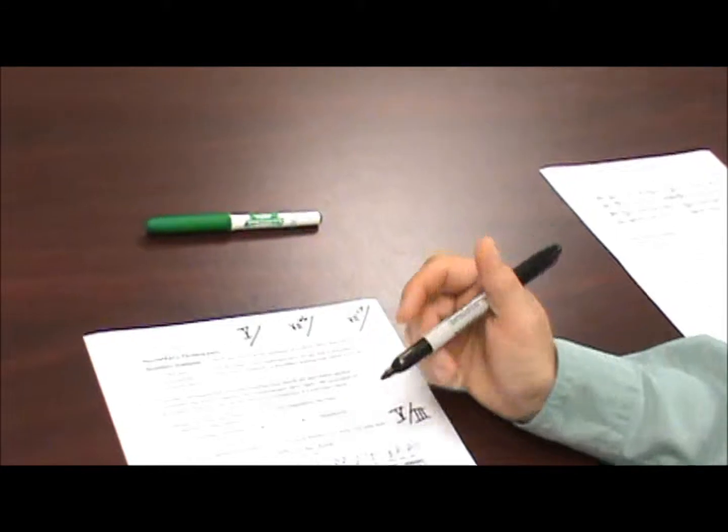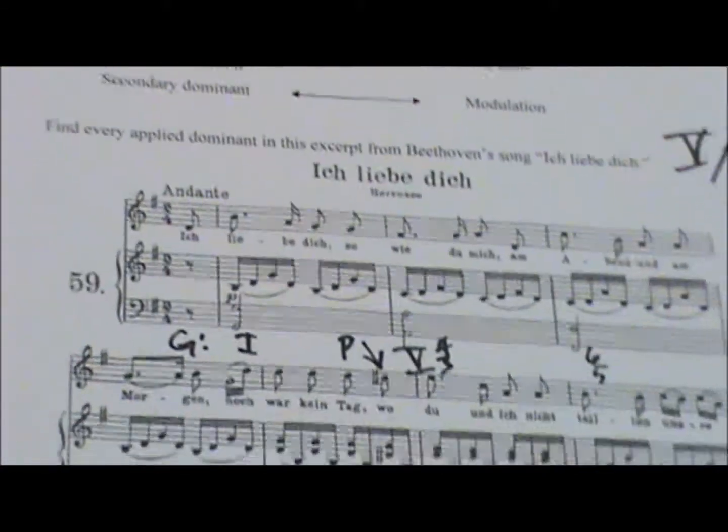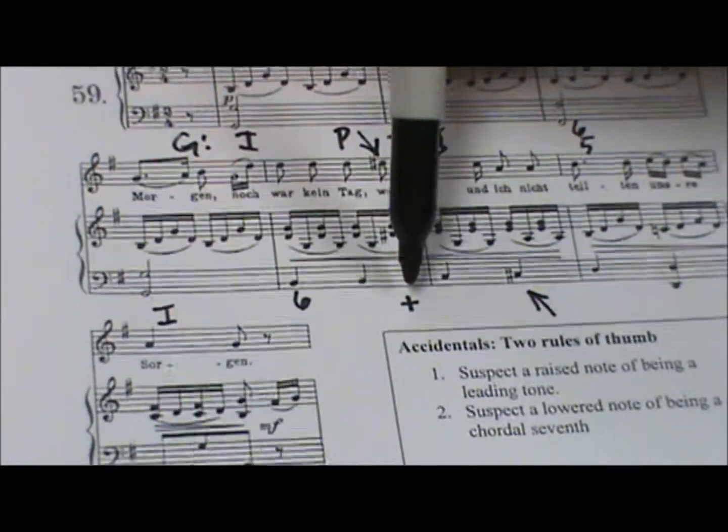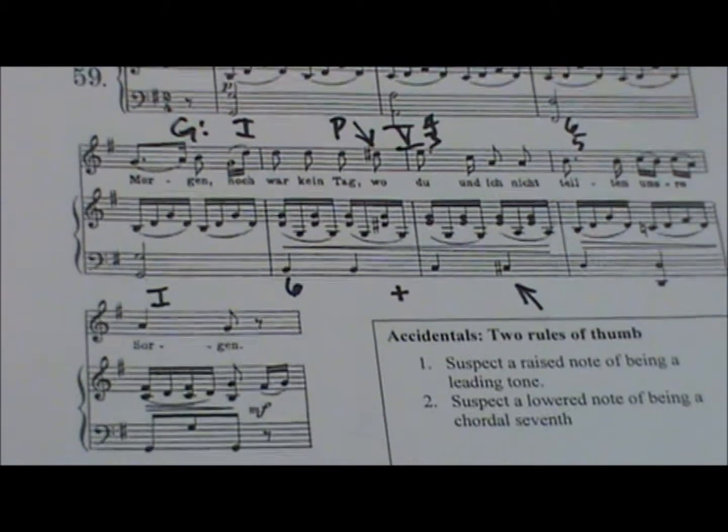So G, B, D sharp makes an augmented, G augmented. And we could show that, but that really is a matter of a melodic motion and isn't really like a fresh chord that happens there. So I would prefer to put P there instead of making a big to-do out of the fact that you've got the change in quality from major to augmented on that second half of the second beat.